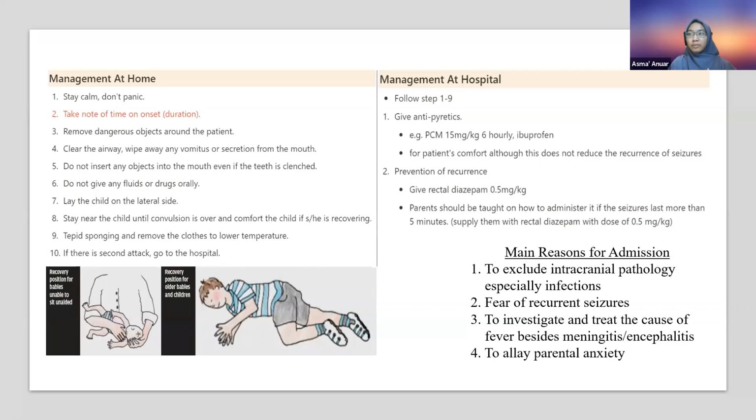So for instance, if the child has no episode of febrile seizure at the hospital and they are already going back home, parents should be prescribed rectal diazepam, and they should also be taught how to administer it in case there is a recurrence of the seizure.